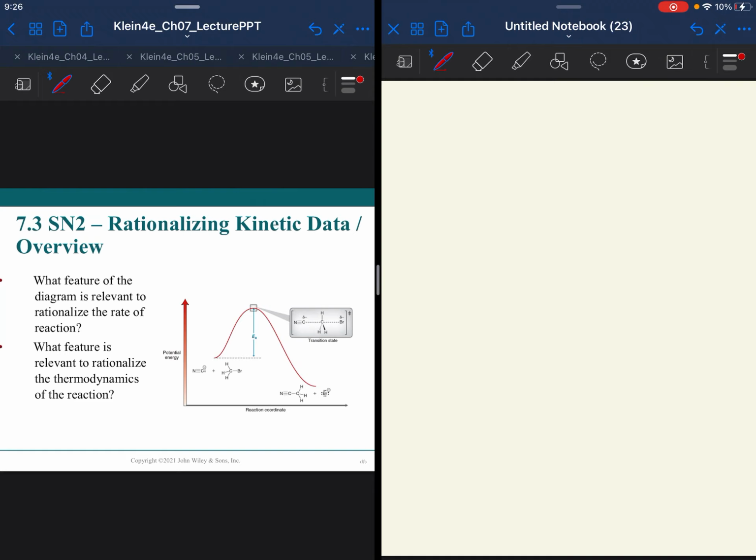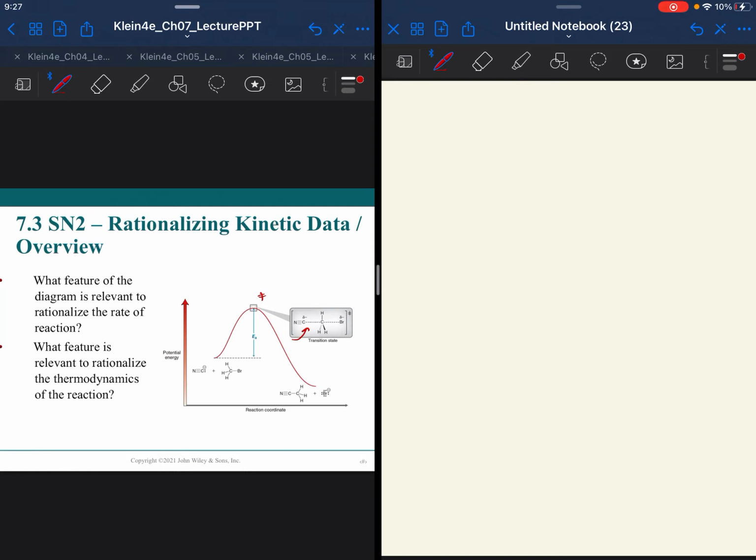Reaction rates often have to do with the energy of the transition state, right? And that activation energy is just higher when there are bigger groups getting in the way. It makes those bonds breaking and forming, particularly the bond forming, harder to happen, right?